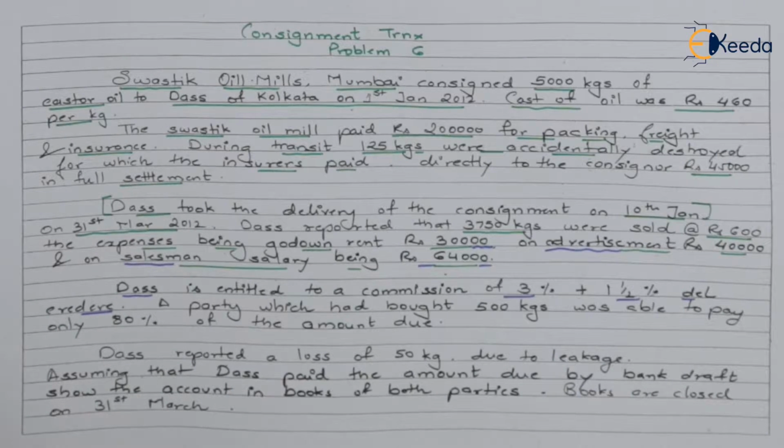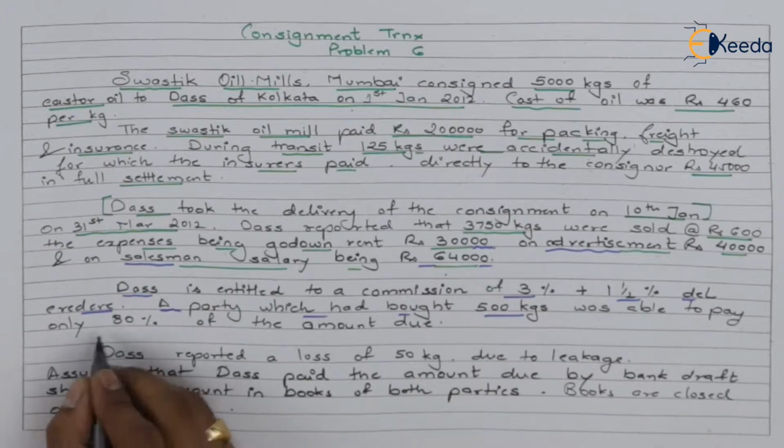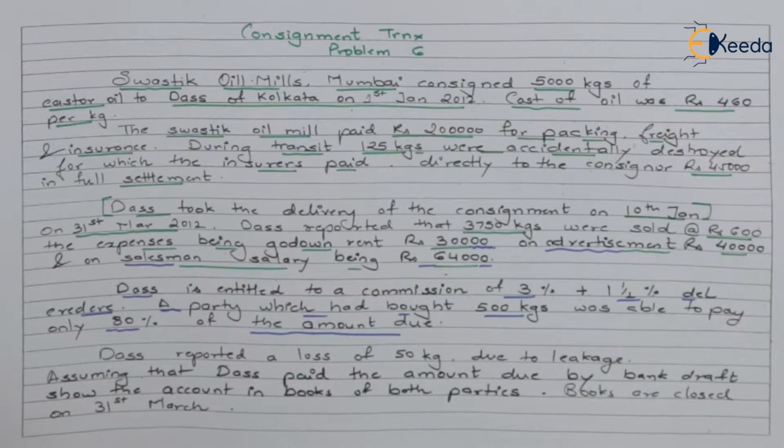Now let's come to the commission part, where Das Brothers is entitled to a 3% commission, in addition to a 1.5% del credere commission over and above that commission. Out of the sales, a party who got 500 kilos from Das Brothers was able to pay only 80% of the amount.